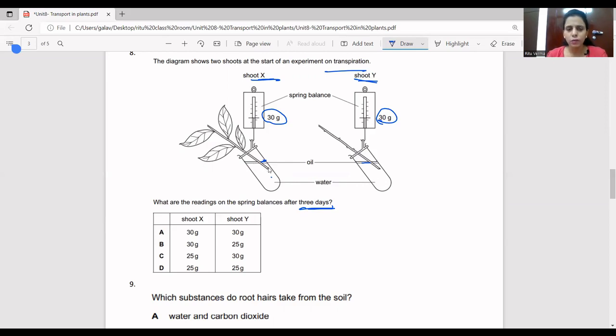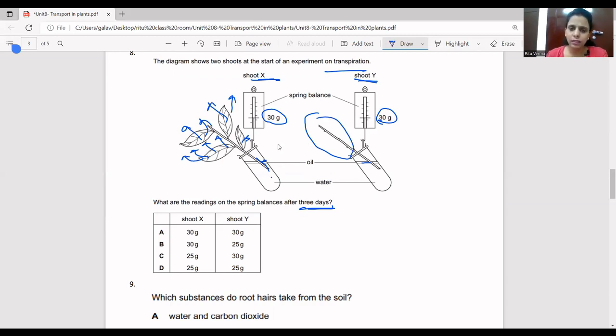This shoot X will absorb water because xylem vessels are there. The water will go to the leaves, and from the leaves of shoot X the water will evaporate. But here, as there are no leaves, water might get absorbed, but there would be no loss of water.